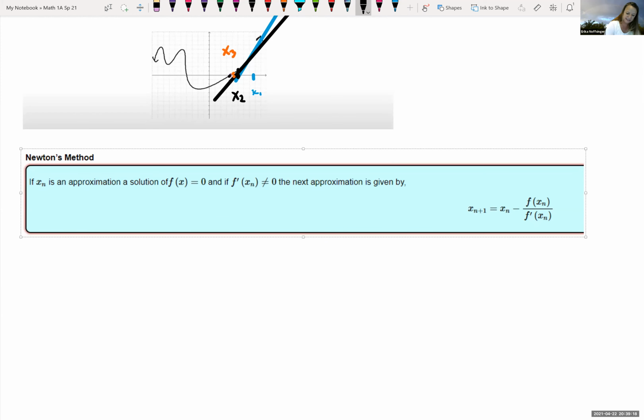We know that L of x is equal to f of x plus f prime of x, all times, let's say this is x of 1, x minus x of 1.